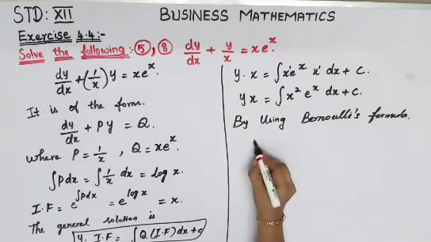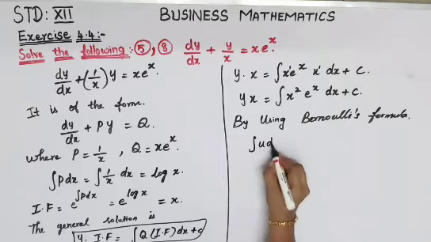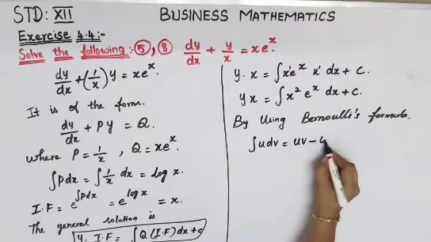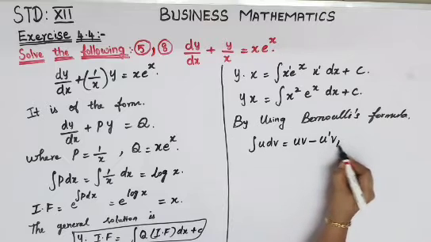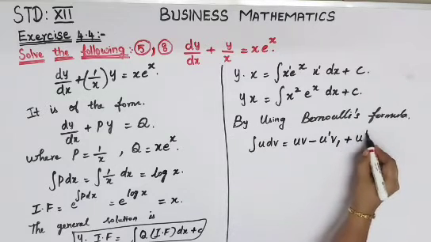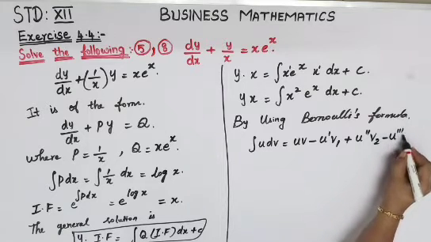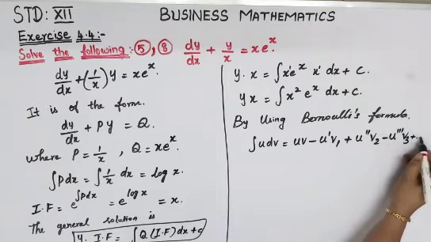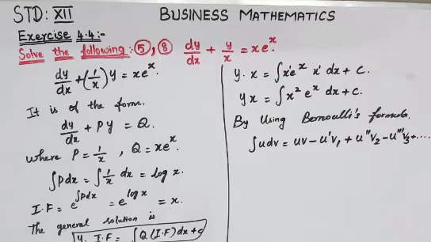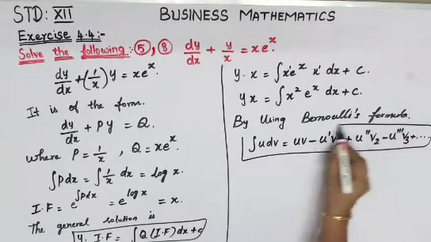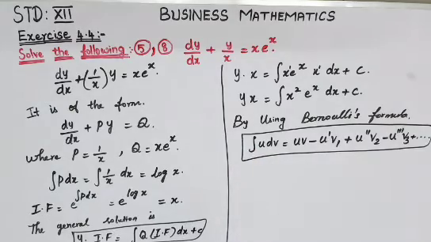Your formula is integral of u dv is equal to uv minus u dash v1 plus u double dash v2 minus u triple dash v3 plus etc. This formula we will have to use. When you have two functions, you can use this formula.